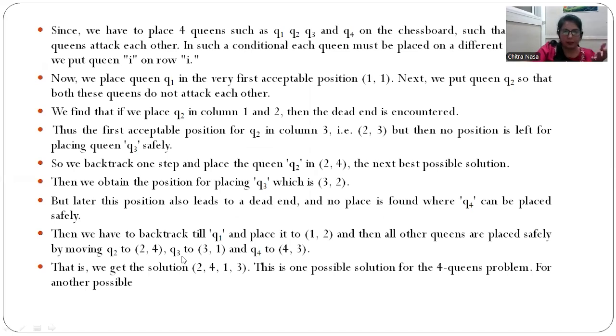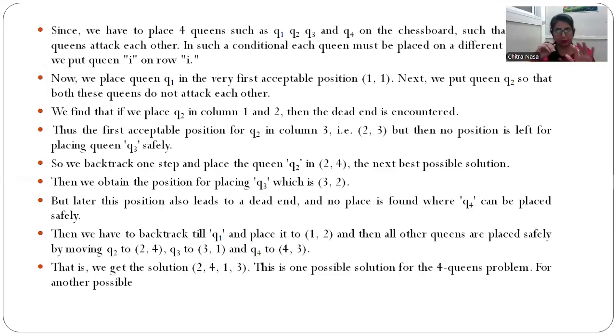So, we have to place the four queens q1, q2, q3, q4 on a chessboard such that no two queens attack each other. In such a condition, each queen must be placed in a different row, the ith row, right? It means the first queen should be placed in the first row.